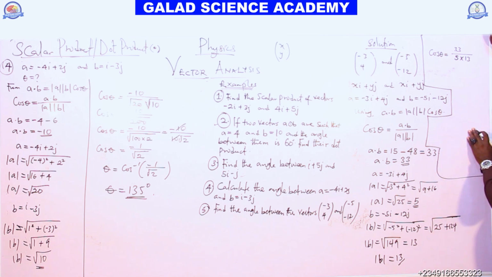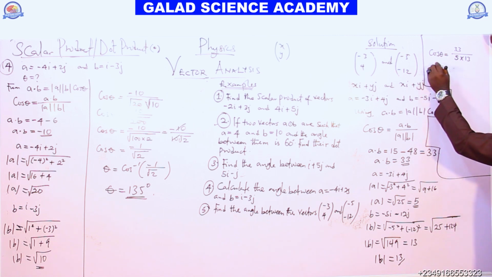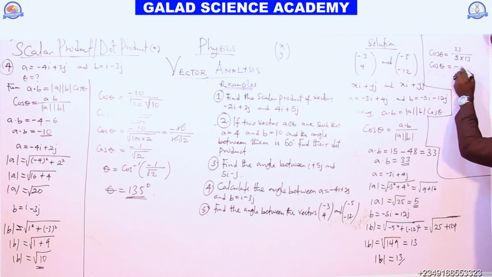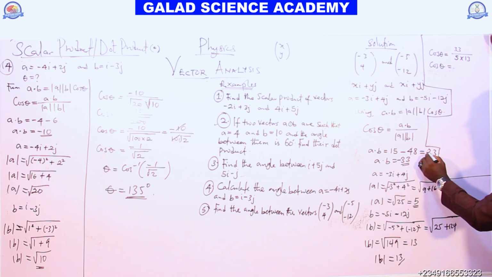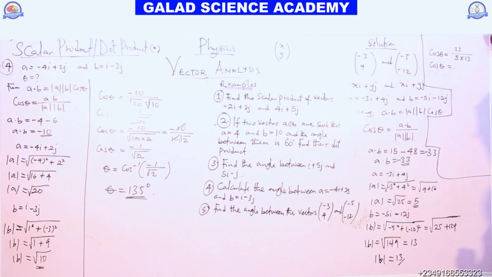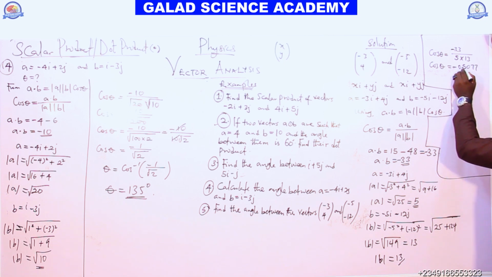So 5 multiplied by 13 gives cos theta equal to minus 0.5077.